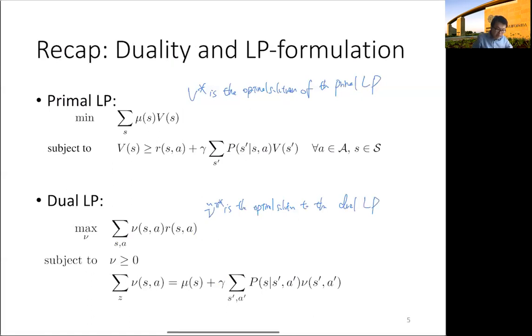Okay, and by strong duality, we know that the minimizer of the primal LP is the same as the maximizer of the dual LP. They have exactly the same value.